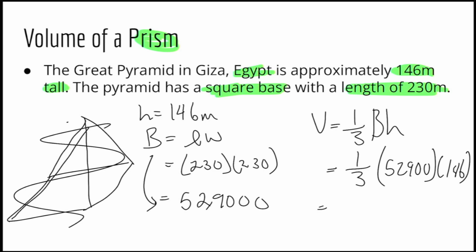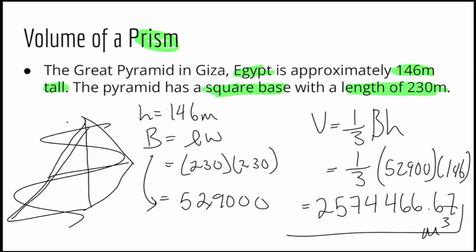That should give us approximately 2,574,466.67, and that's going to be meters cubed. I don't know who decided to measure the volume of this pyramid in meters, but he gave us a big number.